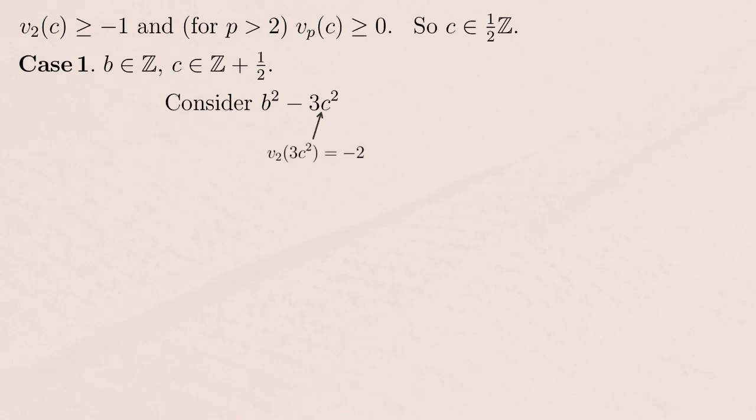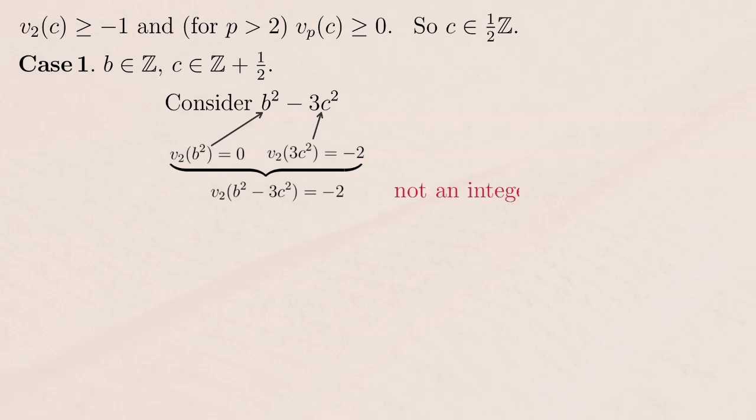And the b squared term is an integer, so it has two valuation at least 0. So in total, the two valuation of the whole of the left-hand side must be the minimum of these, that's -2. But b squared minus 3c squared is supposed to be an integer, so its two valuation should be at least 0. This can't happen, this must be a contradiction.